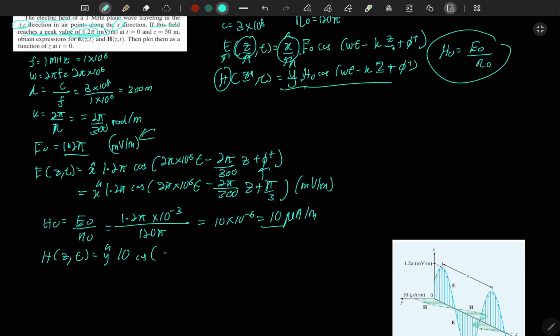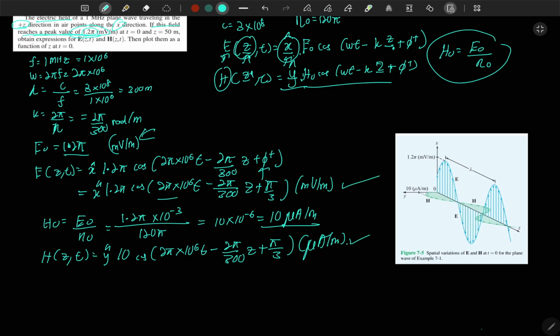Cos, the angular frequency is just the same, 2 pi times 10^6 minus 2 pi 300 z plus pi/3. Okay, now you have the electric and you have the magnetic. This is how you draw it.